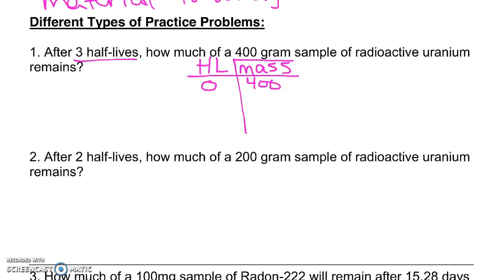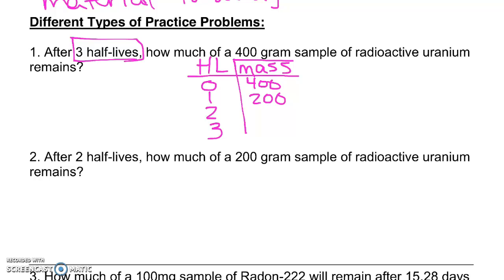Now, however many half-lives went by, that's how you want to number your half-life column. So the question's telling me that 3 half-lives went by, so I would label this column 0, 1, 2, 3. Every time one half-life goes by, half of the mass decays. So what's 400 cut in half? 200.